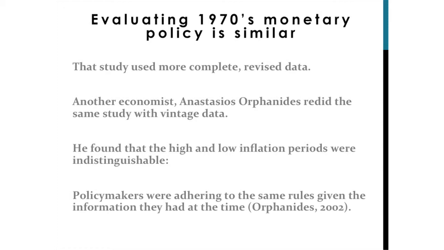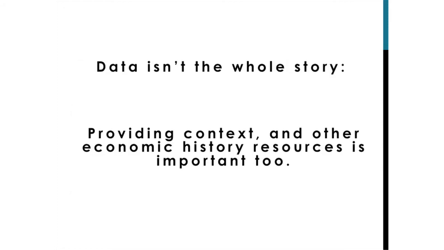What he found was that high and low inflation periods are indistinguishable in real time. When you look at them, you can't tell. So you use the best of your knowledge, you are using the right tools for the issue. They were just doing what they knew they could do. So that's the importance of Alfred.